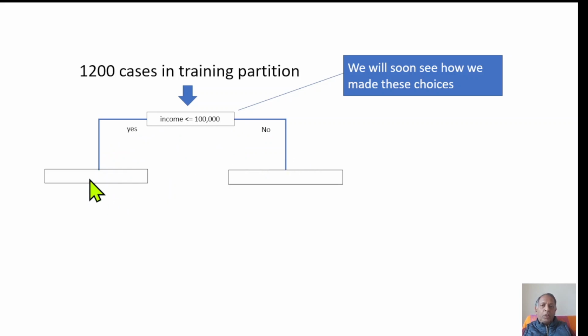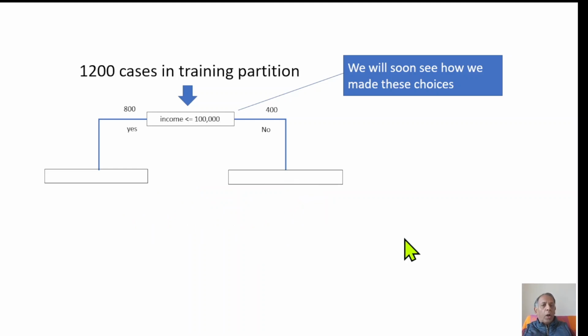This bucket will consist of all the cases for which income is less than or equal to 100,000, and this will consist of all the cases for which income is greater than 100,000. Let's assume that 800 cases fell into this bucket and 400 cases fell into that bucket. So we have taken the original 1200 cases and broken them up into two buckets of 800 and 400.